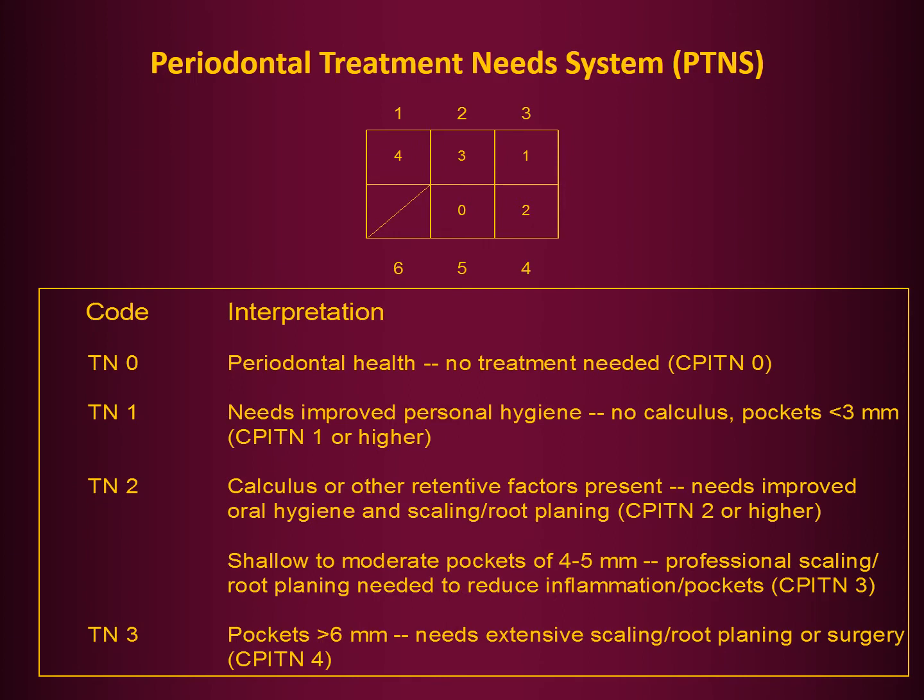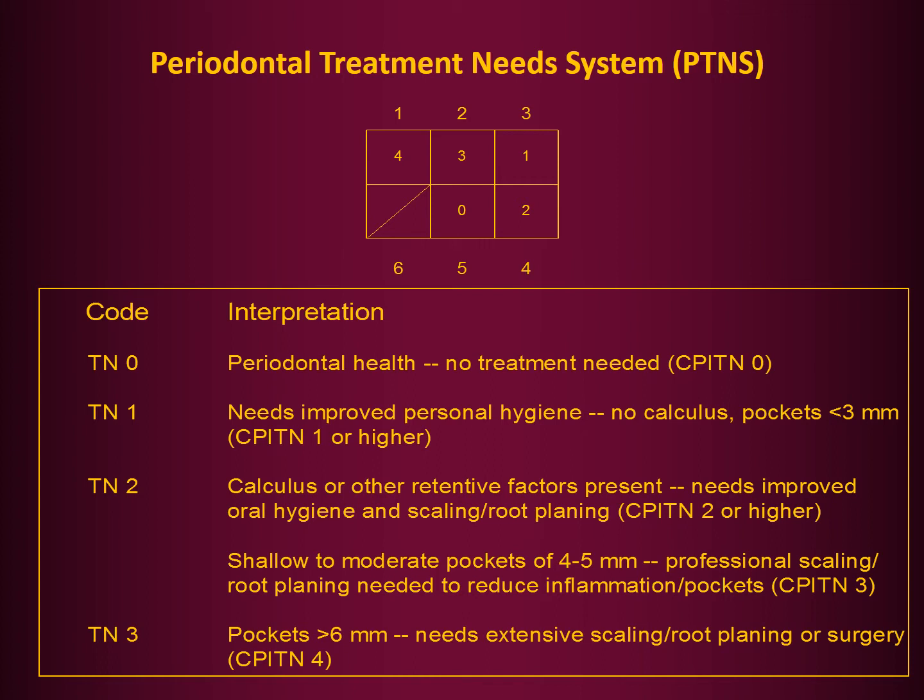Now, the CPITN was designed for a quick, rapid evaluation of a patient, but it can also be used to determine treatment to some extent. And if you look at the codes for treatment, you'll see that the scores go from 0 to 3, as opposed to in the previous slide.